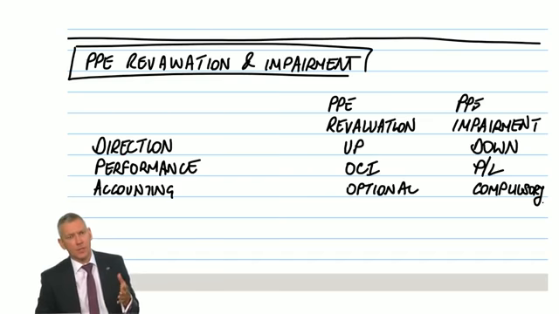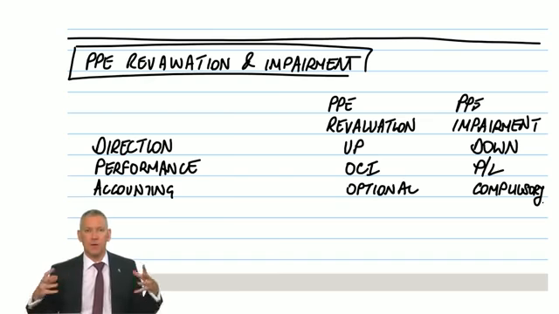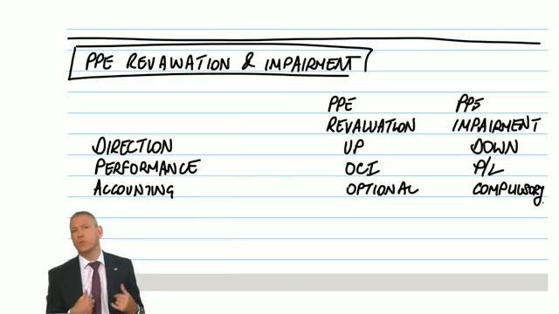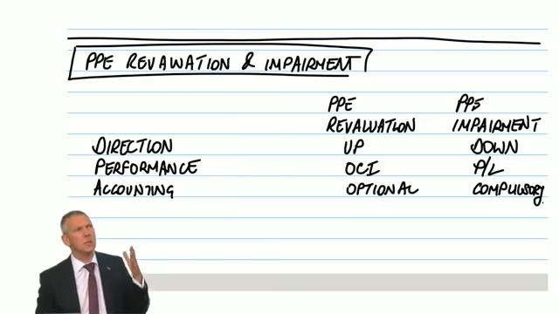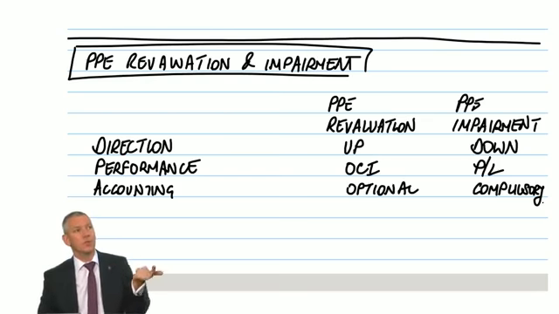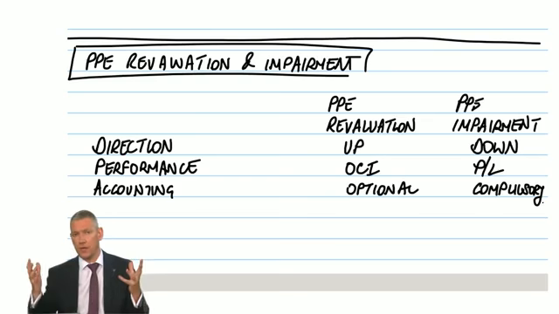And once you've selected a policy, you then have to apply it consistently. So you don't have a choice the second year end, the third year end. You don't have a choice when it comes to your second factory, your third factory. You have to do with your second factory what you did with your first factory. So it's not completely optional, but for your first factory at the first year end after purchase, you do have a choice between cost and fair value.